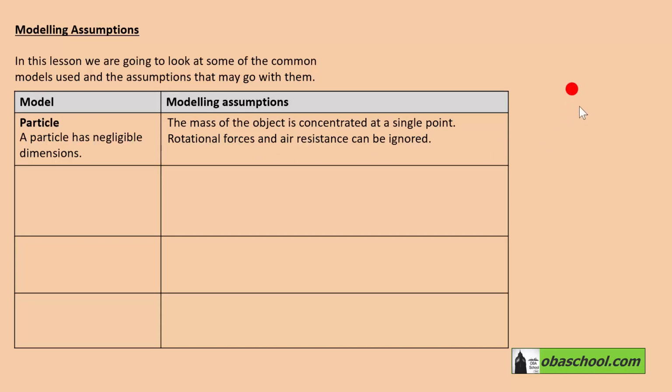So this might be a particle, but remember, that's much bigger than a particle. A particle is a single point. Forces that act on it would be its weight, and then at a later date we might decide if it's moving, say that's falling, we'll add in some air resistance.